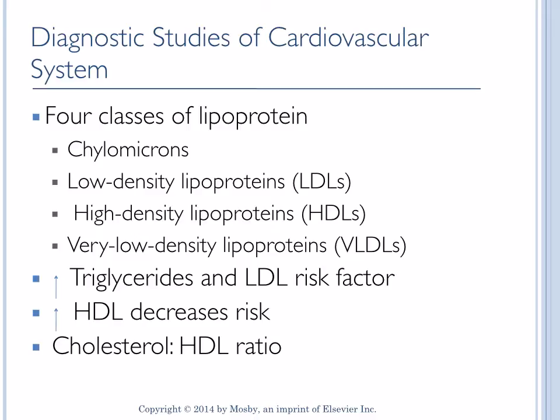That's why we say we want the HDL numbers to rise and LDL and triglyceride numbers to go low. So elevations in triglycerides and LDLs are strongly associated with CAD, which is coronary artery disease, and an increase in HDL is strongly associated with a decreased risk of CAD.